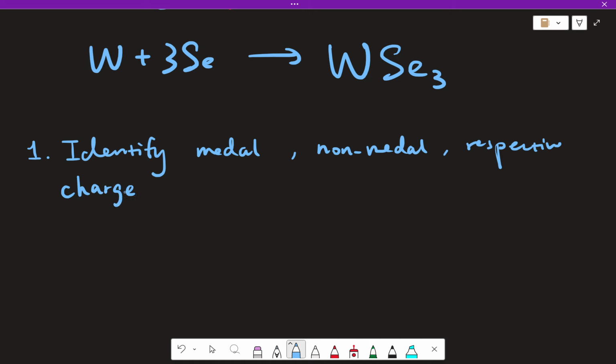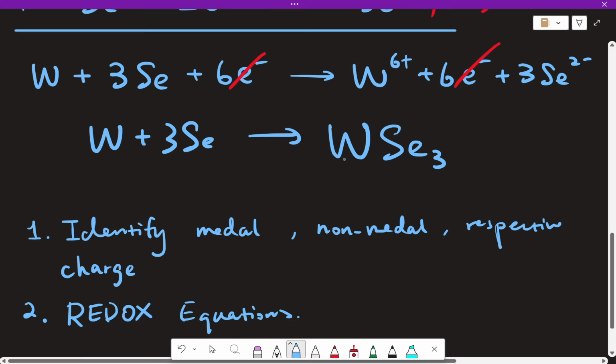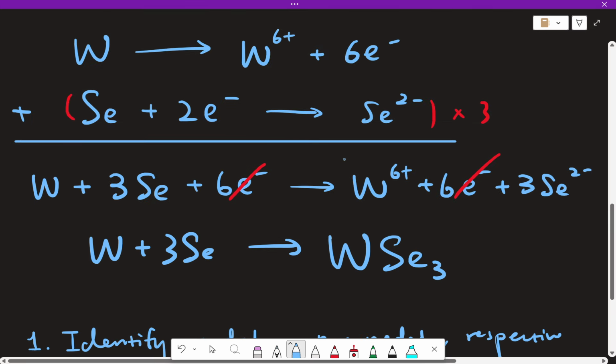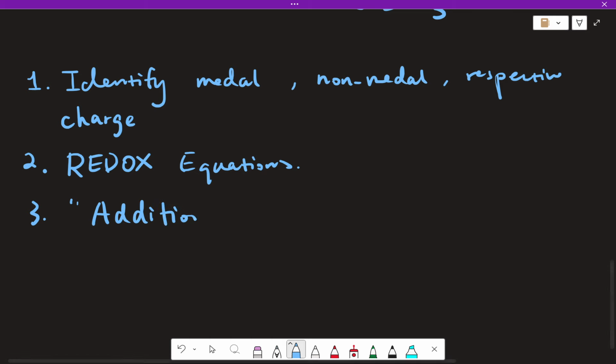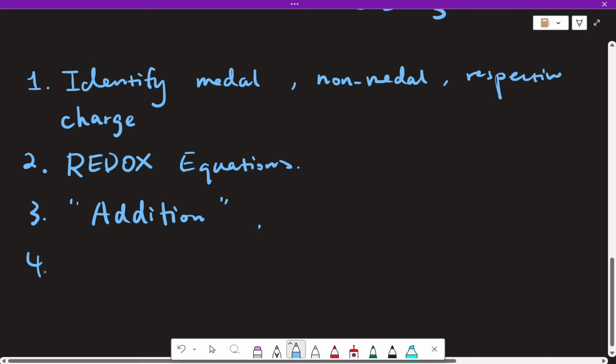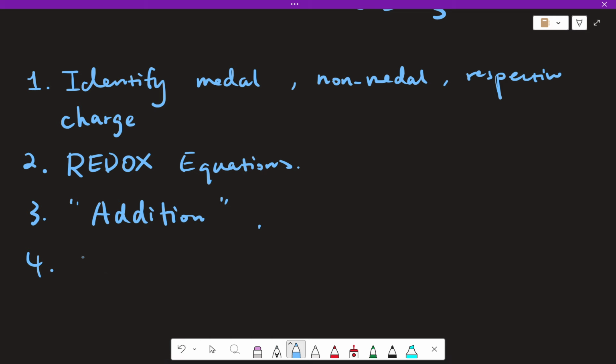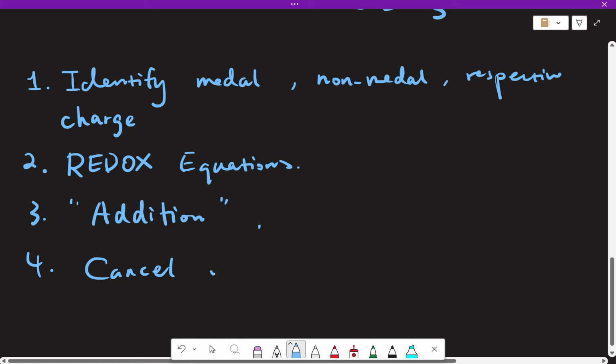And then we want to write out the redox half equations with the respective gain and loss of electrons. And we want to do an addition of the 2 equations. And we want to cancel out the electrons.